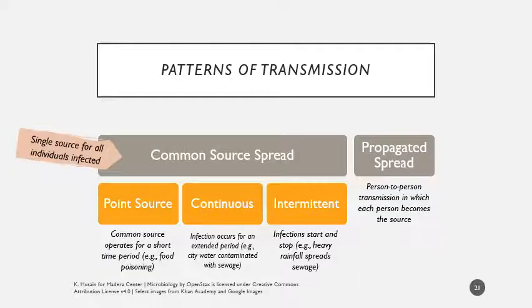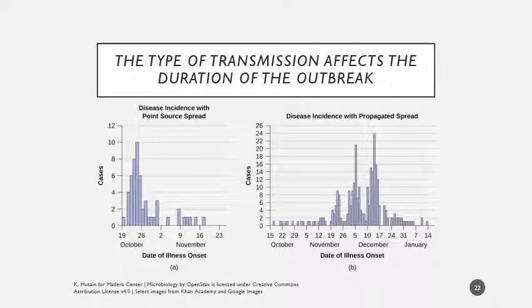With different patterns of transmission, so continuing along that idea of categorizing based on patterns of transmission, the type of transmission actually determines how long the outbreak lasts, the duration. So for example, if it's point source, there's not going to be continual family parties where your rice has Bacillus and you're all getting an infection as a result, right?